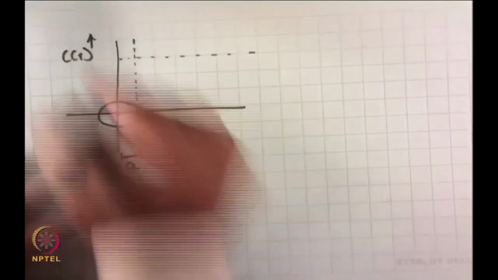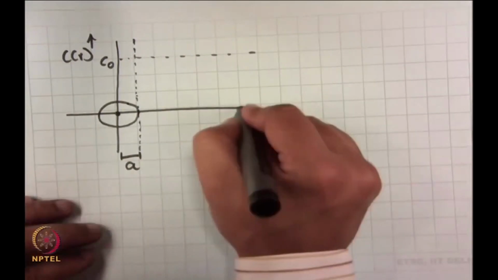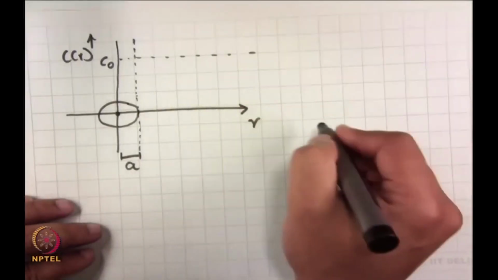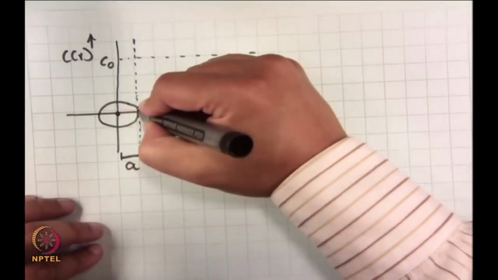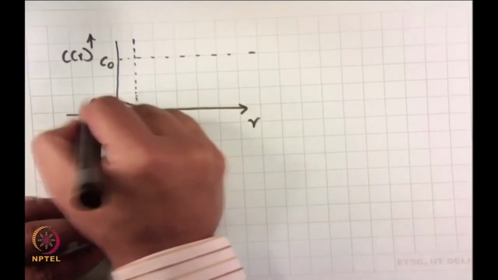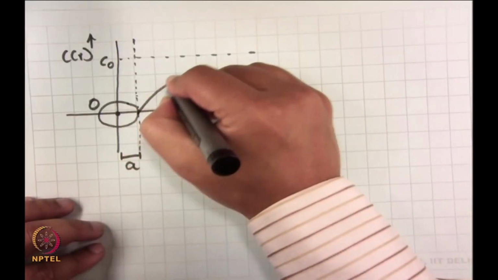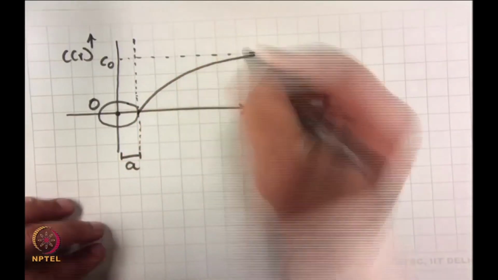C naught. So, I can put C naught here. What is the minimum value? 0, right. Remember, this is your r. At here you can see your plot will look something like this.